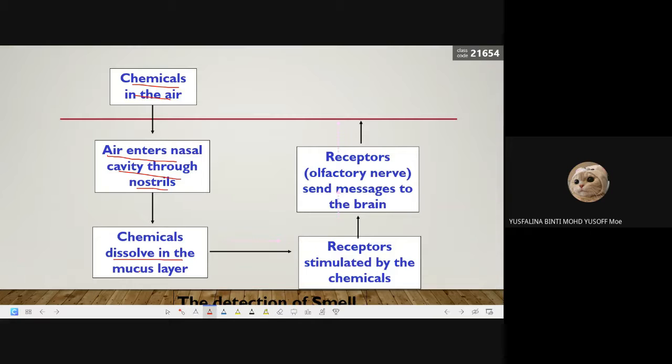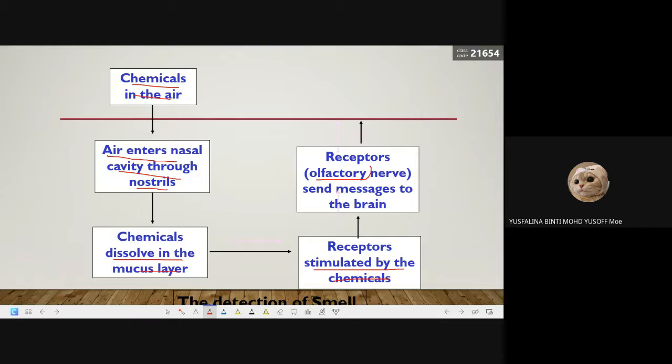Because you know the sensory smell cells are covered with the mucus, right? So when it dissolves in the mucus layer, it will stimulate the sensory smell cells to produce the impulse. Then it will be sent to the brain. The receptor means the nerve here.